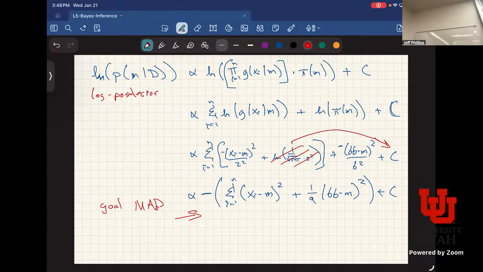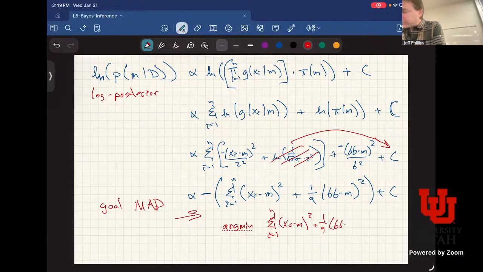It's the same as maximizing the log of this because it's a monotonic function, is equivalent to the arg min of the sum i equals 1 to n of x minus m squared plus 1/9 times 66 minus m squared.